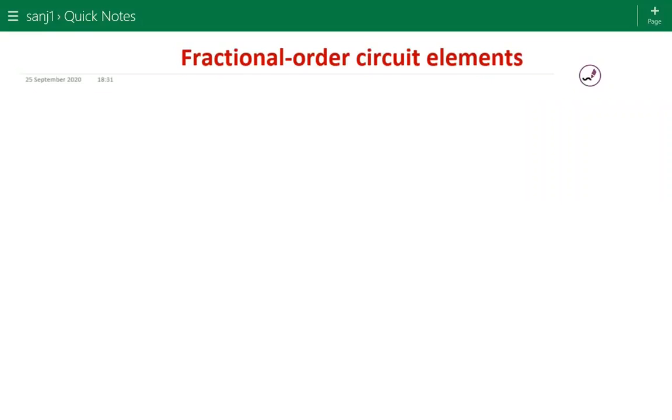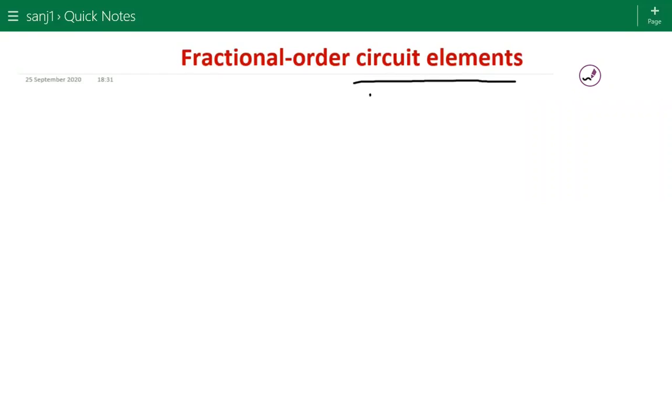Hello everyone. We are going to discuss the fractional order circuit elements. Before going straight to the fractional order circuit elements, first let us have a recap of what the circuit elements basically are.